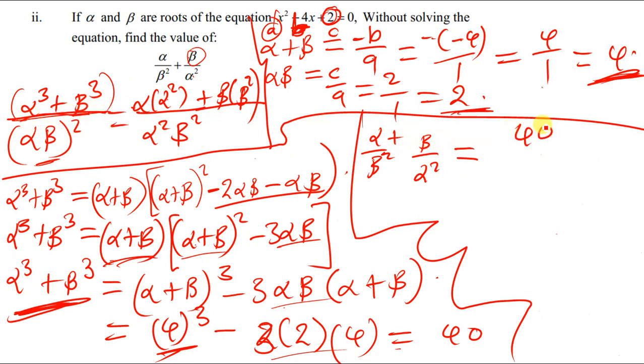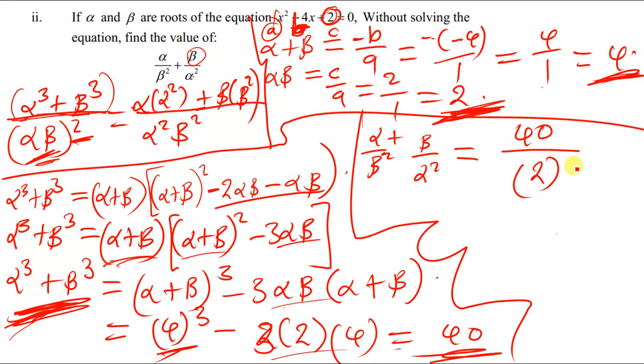I'm putting 40, because this is what we found for this. And then down there where there is alpha beta squared, I'm just going to put my alpha beta, which is 2 there. And then of course since it's squared, I'm going to square this part. So this is now just going to be 40 over 4. So the solution will now be equal to 10.